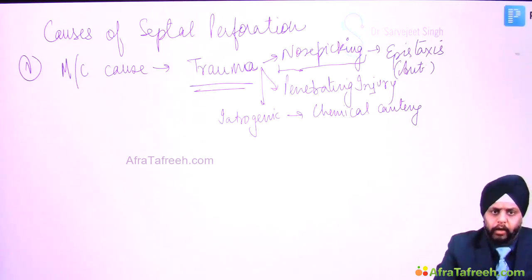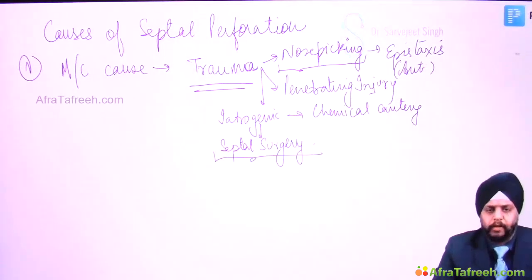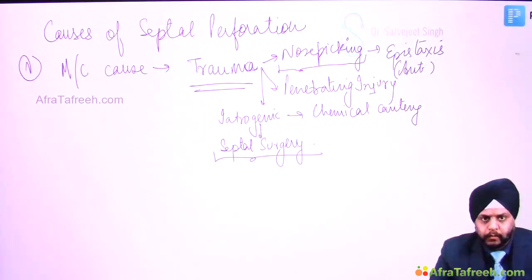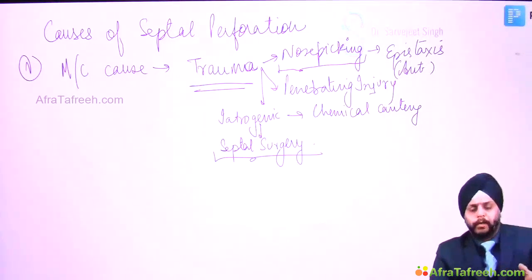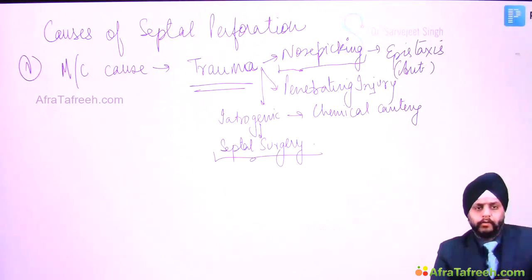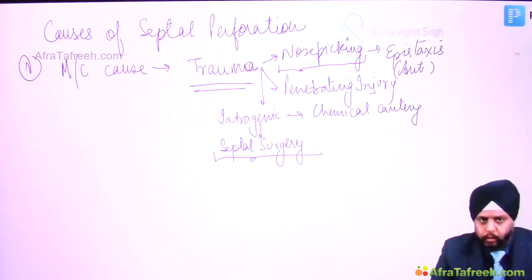Or iatrogenic injury may also be septal surgery. Septal surgery is also a type of trauma. It's an iatrogenic injury. So trauma you can classify into different types. Together all of this contributes to septal perforation, making trauma the most common cause.